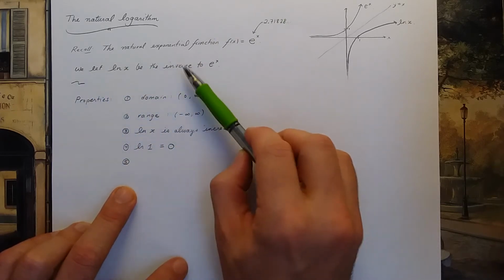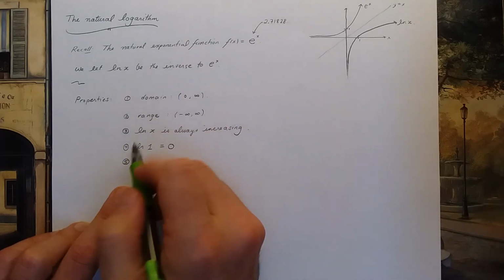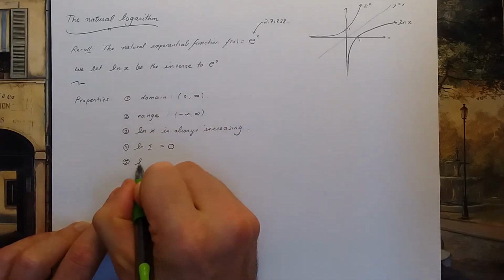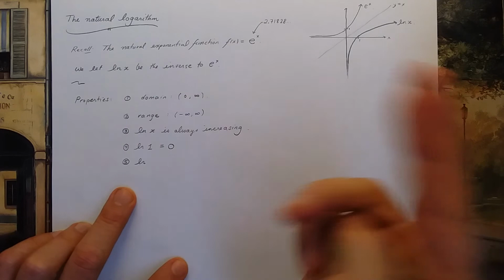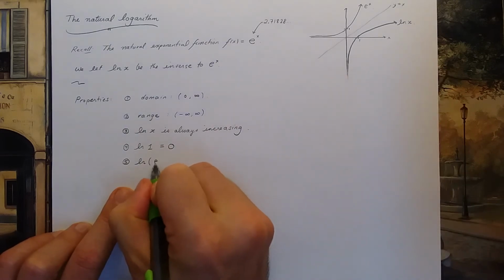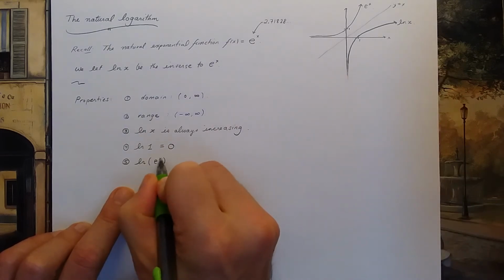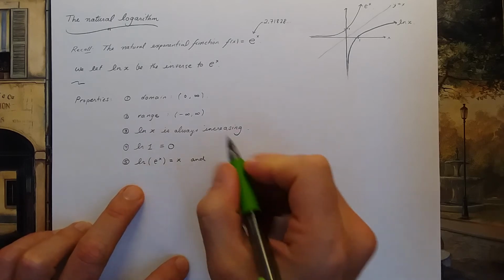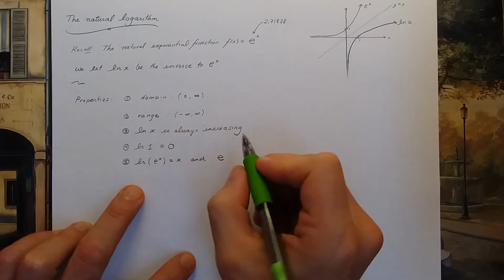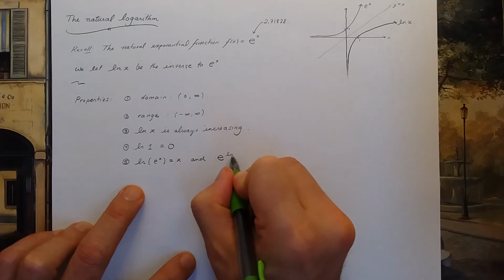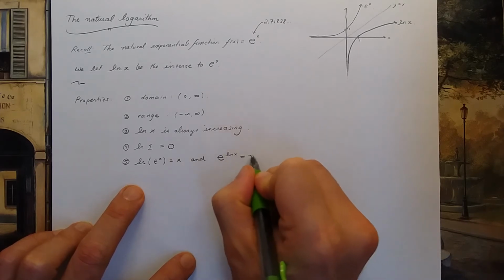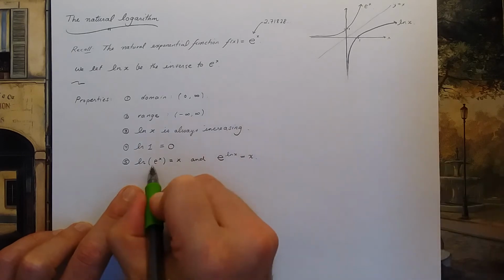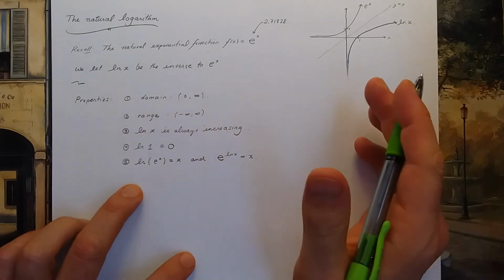Log x is the inverse to e to the x. What that means is, if you compose these two functions, putting one inside the other, they cancel each other out. So log e to the x is just x, and if you compose them in the reverse order, e to the log x power, you again just get x. So this is what it means to be an inverse.